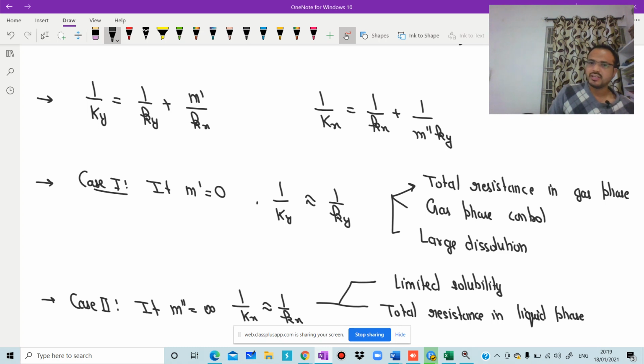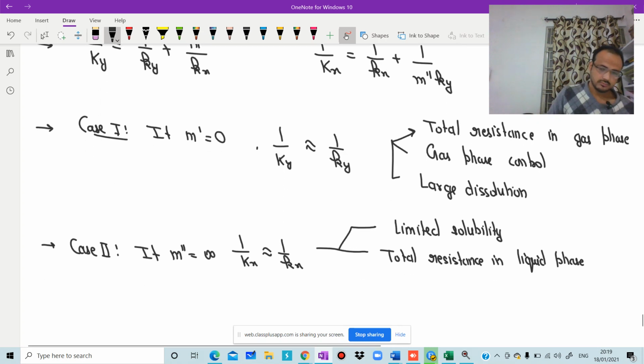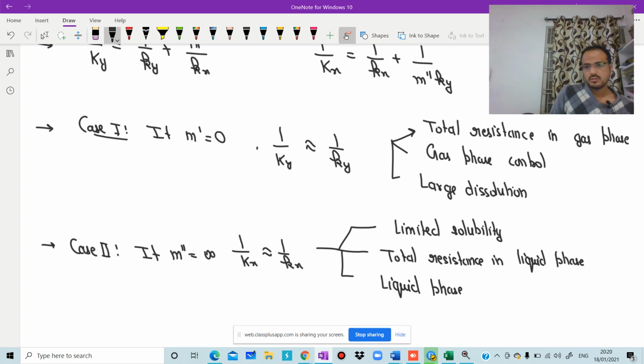And we can say one more thing: in this one, the liquid side mass transfer coefficients are very high, that's why the resistance is low. And this one is liquid phase control.